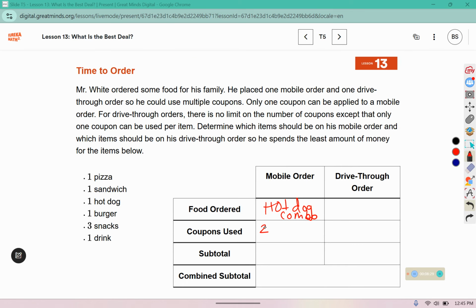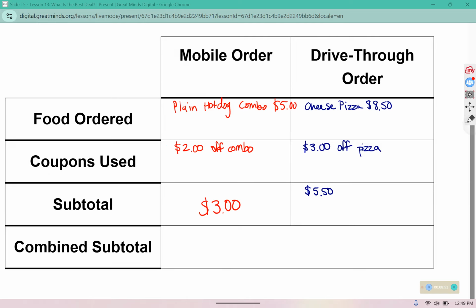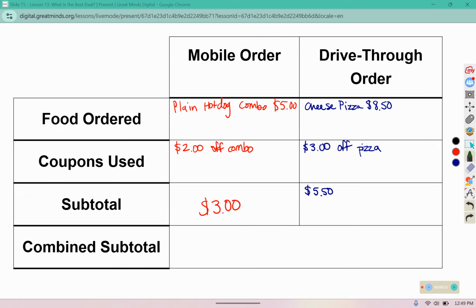That takes care of the pizza, the hot dog, one of the snacks, and the drink. So now we need to put 2 snacks, a burger, and a sandwich in our drive-thru order. So let's look at the remaining pieces. The turkey sandwich is going to be the cheapest option, and it costs $4.50.